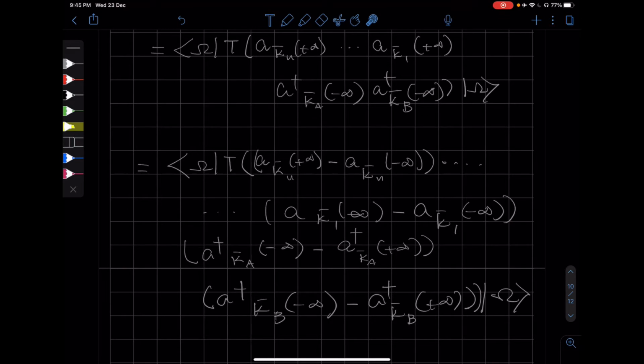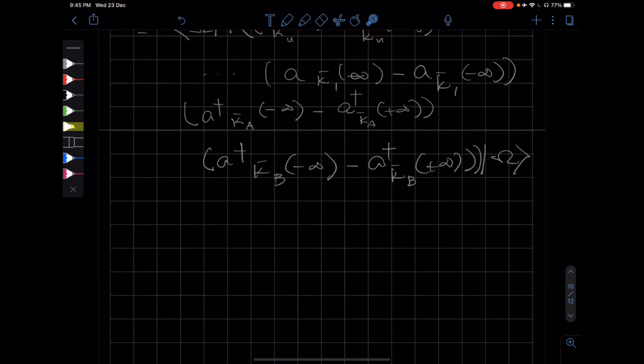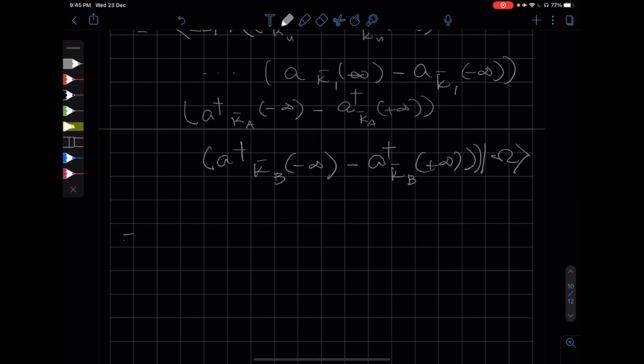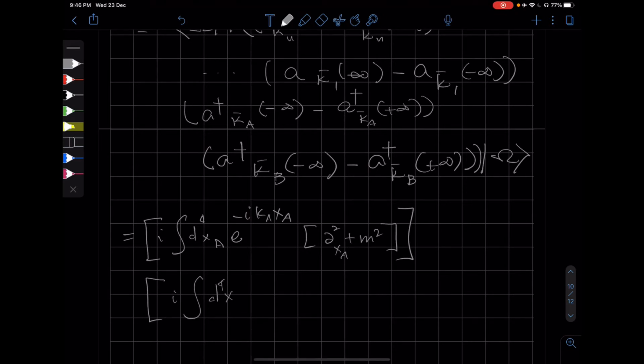But now we can use our lemma on each of these factors to rewrite this expression as I times d4 of xa, e to the power minus I ka xa, and then del squared xa plus m squared, and then I times d4 of xb, e to the power minus I kb xb, del squared with respect to xb plus m squared.